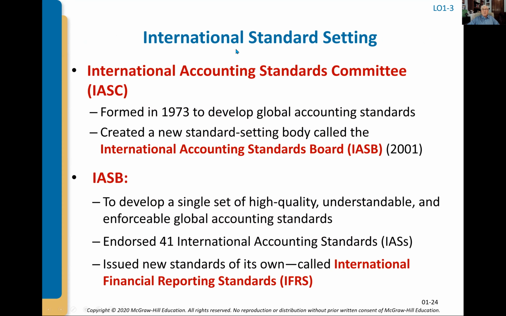Now, as I said before, there are different rules internationally than the US, and they are done by the International Accounting Standards Board, the IASB. They have their own reporting standards that are different than the FASB's, by the way, and we call that IFRS, International Financial Reporting Standards.